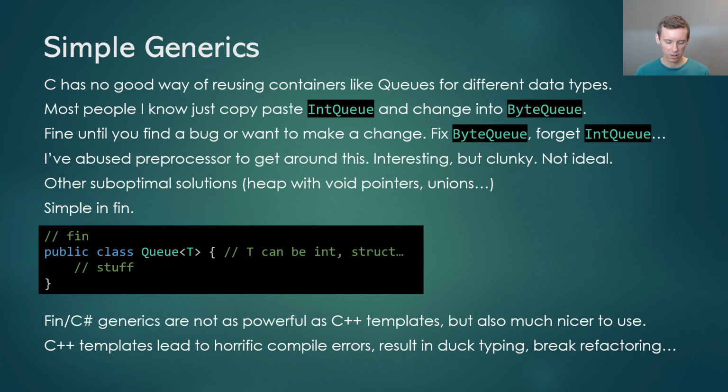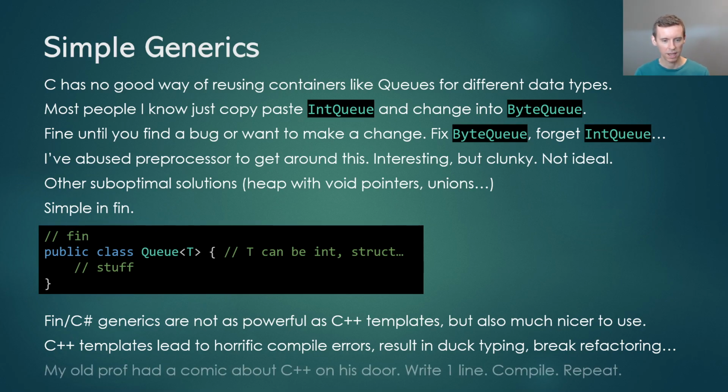Anyways, as we start to do that more and more in C++, your code turns into like duck typing because the C++ compiler doesn't actually check your template code until you instantiate it. And this breaks refactoring, and it tends to just get difficult. And even people that I know who write C++ professionally, they really complain about C++ templates causing just horrific compile time errors.